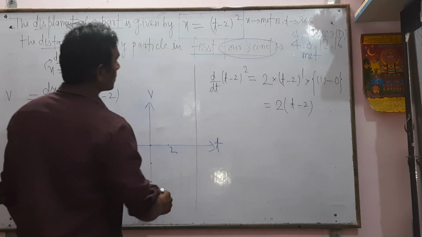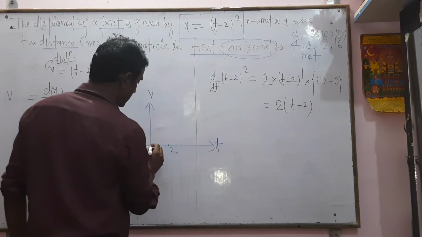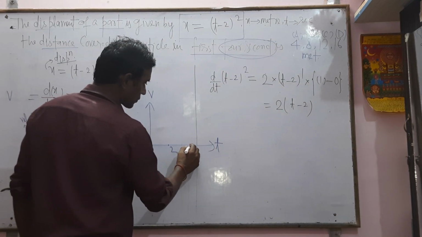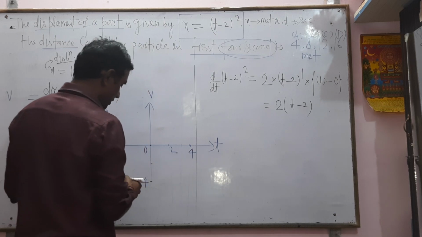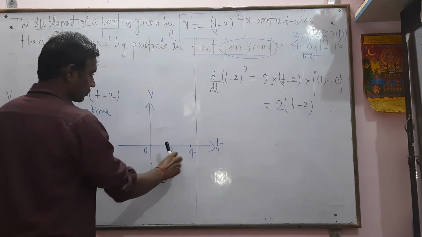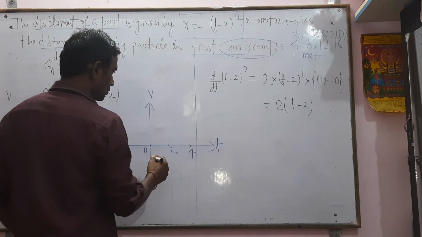We need the first 4 seconds, so this is 0 seconds and this is 4 seconds, so t from 0 to 4.